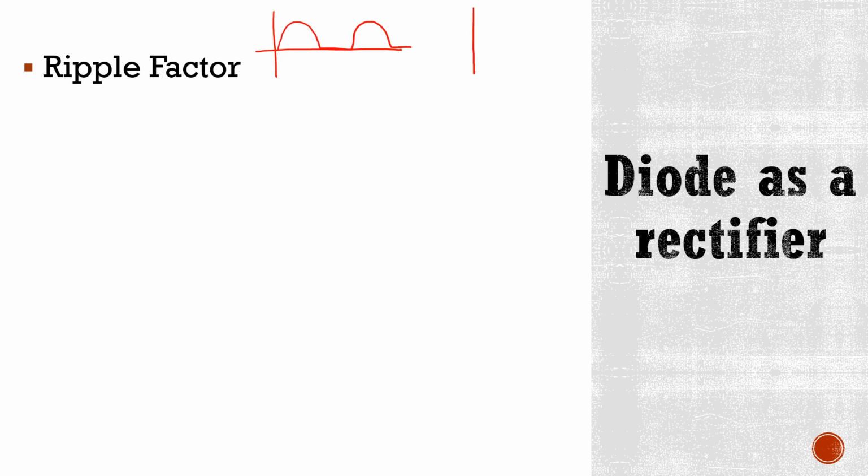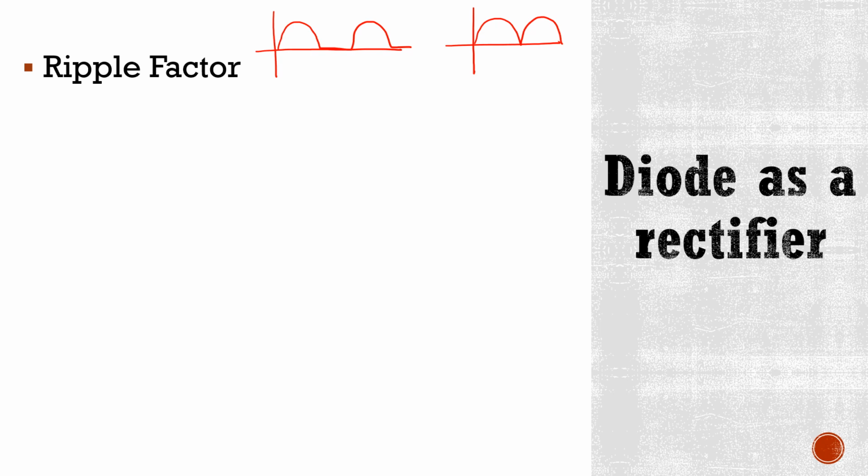Now we will understand ripple factor. We know that the output waveform of a half wave rectifier is like this, and the output waveform of a full wave rectifier is like this.